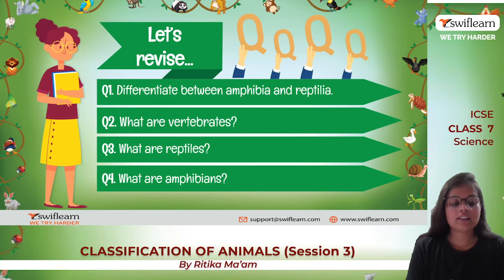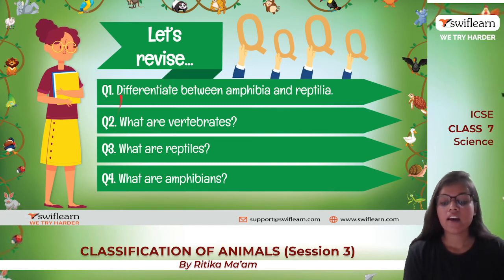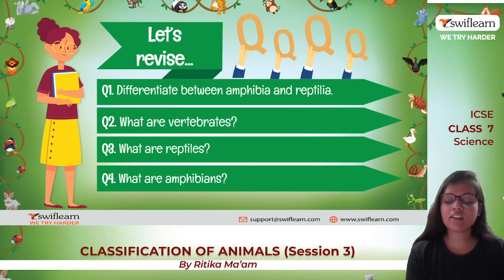Now let's revise, differentiate between Amphibia and Reptilia. So talking about Amphibia, they respire through gills or lungs. Their heart is 3-chambered, and they have thin and moist skin. Reptilia respire through lungs. They have again 3-chambered hearts, except the crocodile, which has a 4-chambered heart, and their skin is covered by scales.